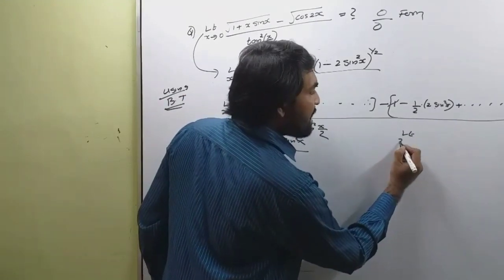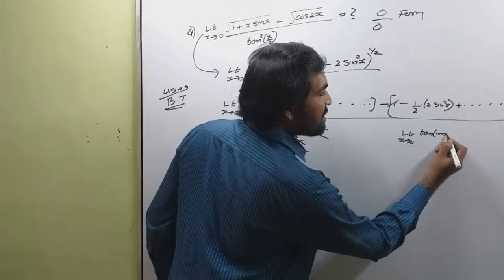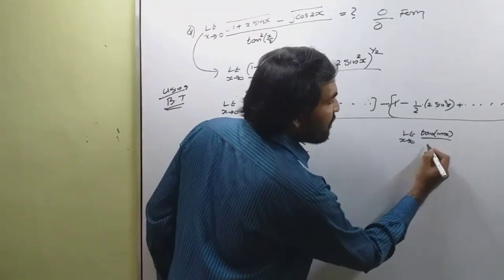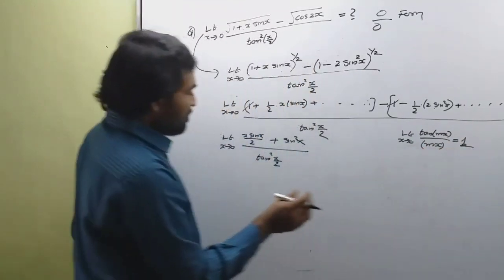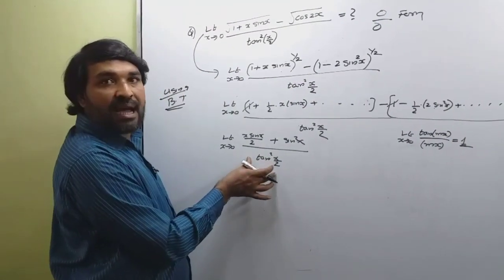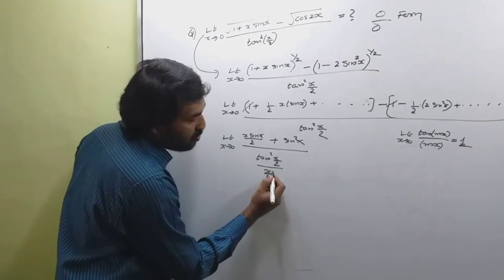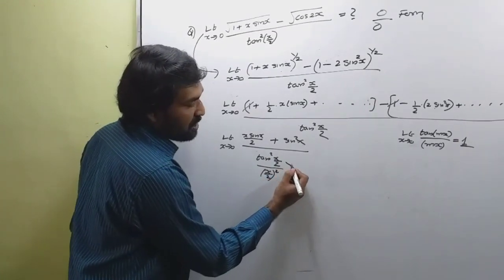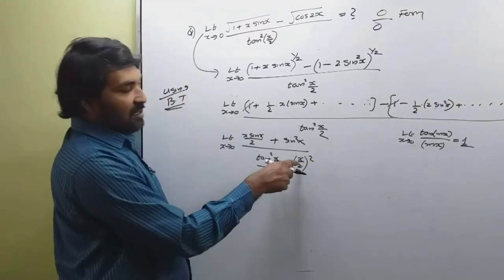Limit x tends to 0, tan(mx)/(mx), where mx is an angle, is equal to 1. So I am going to convert this into standard form. Writing here (x/2) the whole square, and so as to balance the equation, (x/2) the whole square is written here also.